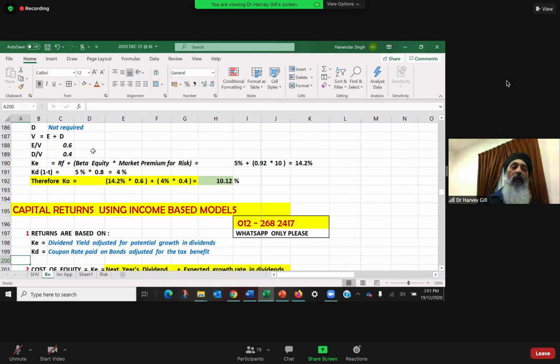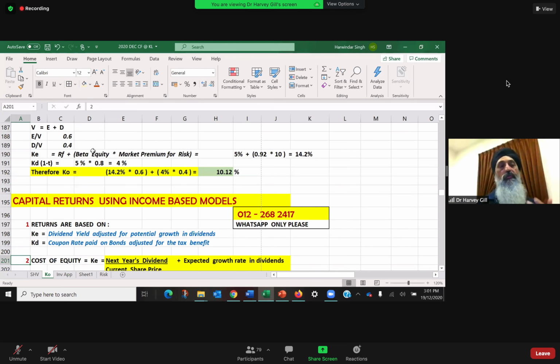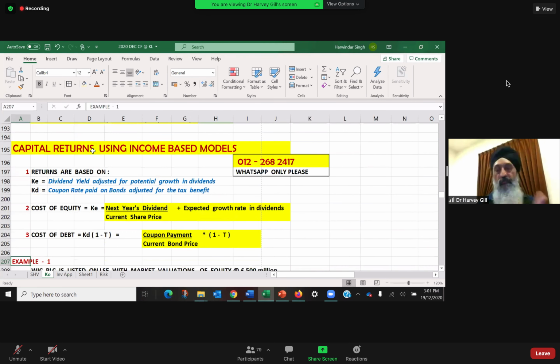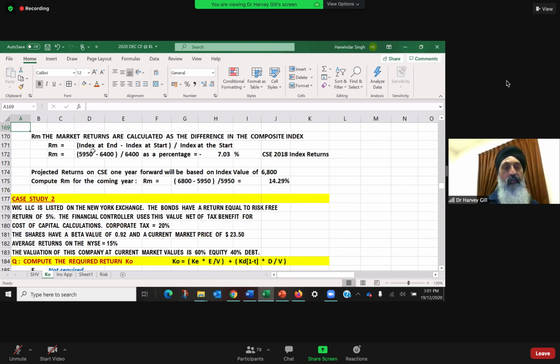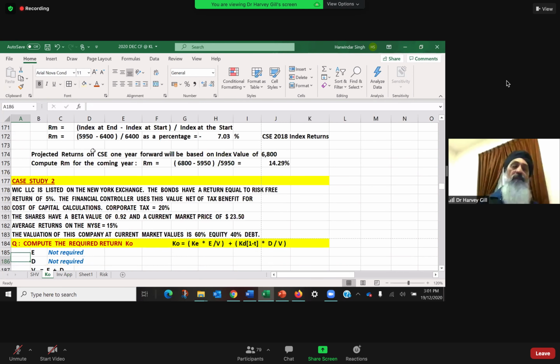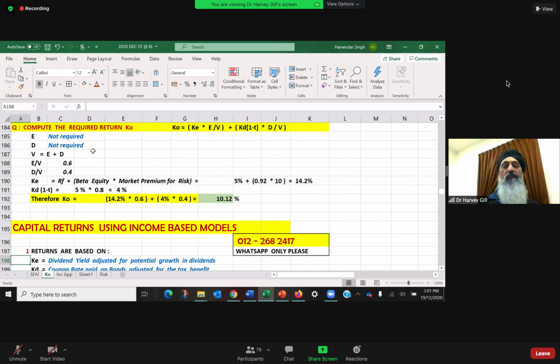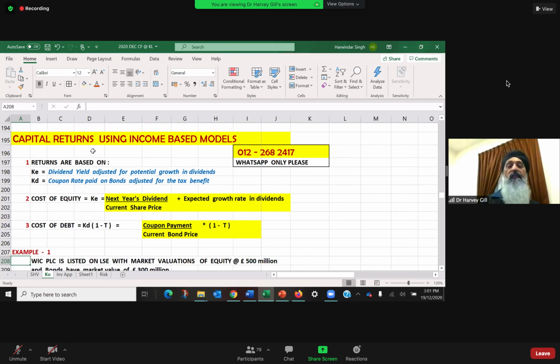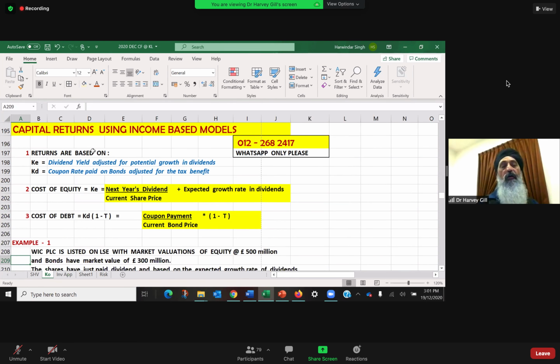Now, although I have recommended that you should use CAPM because beta values are available and it's an easier model, sometimes for some companies you may be given dividend returns. So if you are going to use dividend returns, how do you work them out?